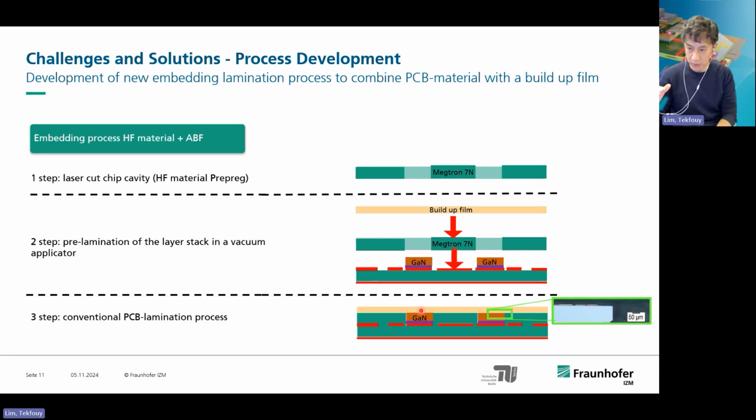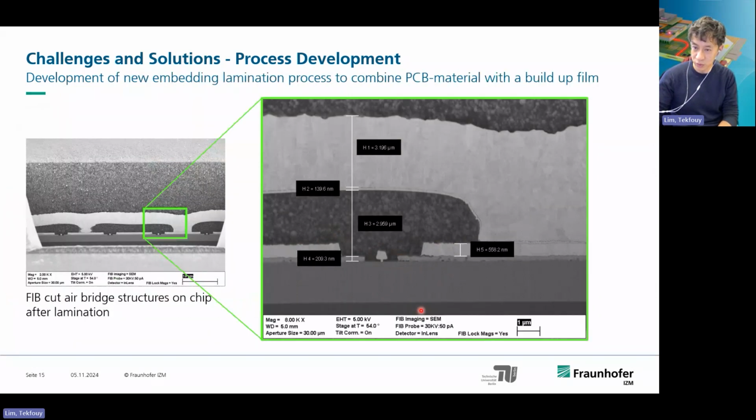It's not really liquid, but a bit more, and it can go through the different holes, and that's why it goes through the air below the air bridges, filling the air bridges with this thin film material. And that's why after embedding the components, the air bridges are not damaged, because they are filled with this thin film material.